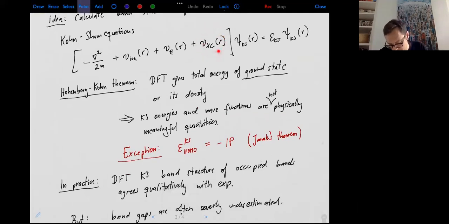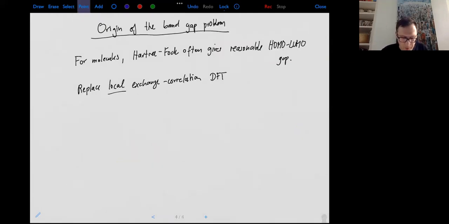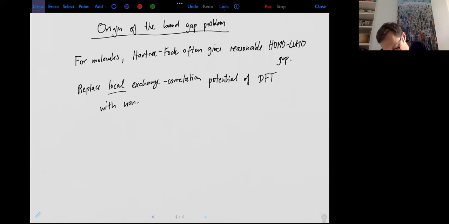So we have to replace the local exchange-correlation potential with a non-local Fock potential.